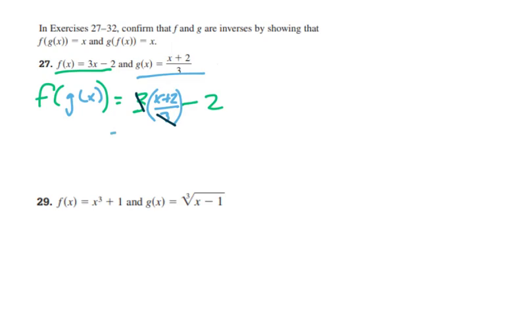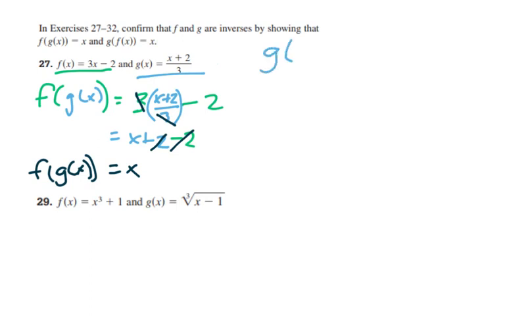So we do instead have x plus 2, and then to that we'd be subtracting 2. And then, of course, those 2s cancel, and so we have x. So we have just determined that f of g of x equals x, but remember that we also need to determine that g of f of x equals x as well.